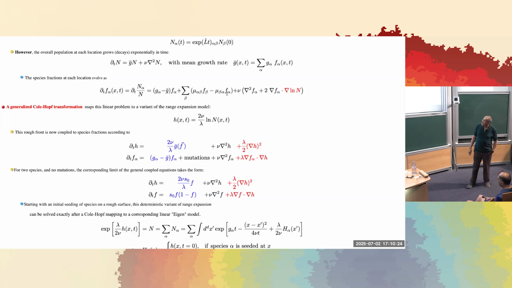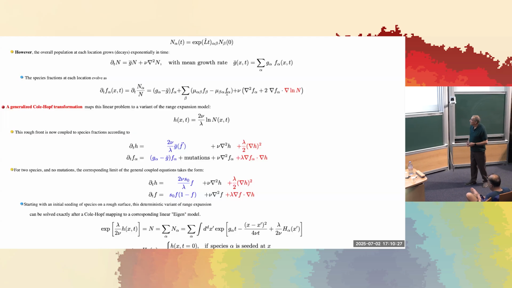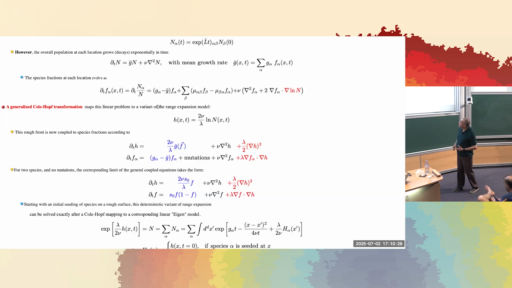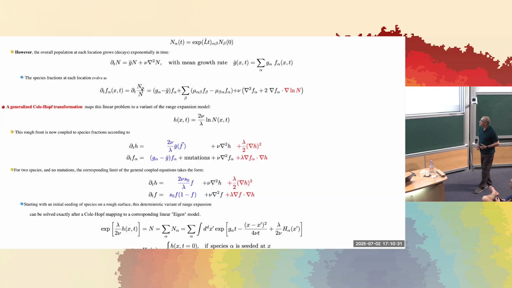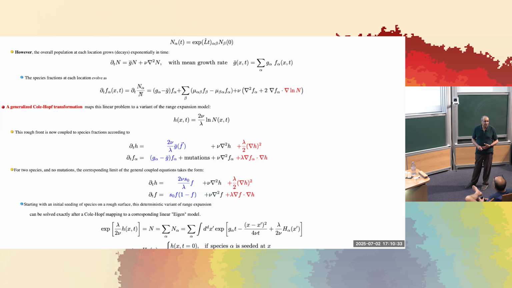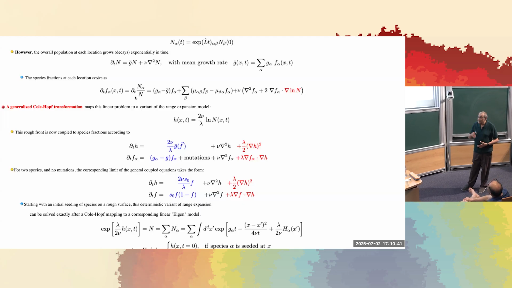Okay. So mathematically, it comes from taking essentially the derivative of this equation. You get a term that is n alpha dot over n. You also get a term that is n dot over n squared.